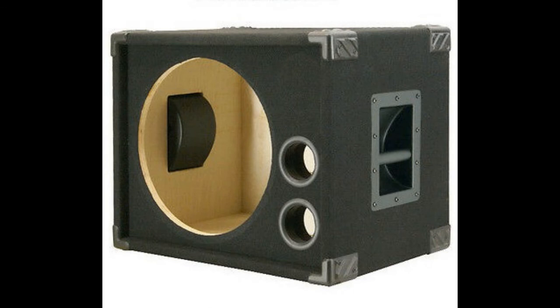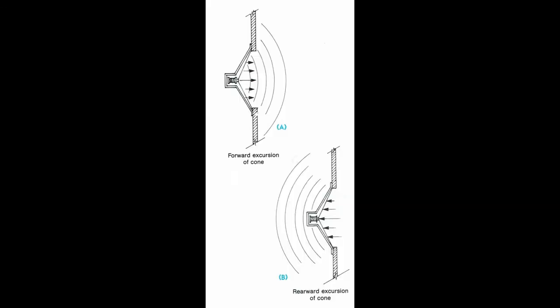Speaker cabinets are mostly low frequency speaker cabinets designed to enhance the reproduction of those low frequency sounds, as I just discussed, because those low frequency sounds require a lot more power to produce than mid or high frequency. When the cone of a woofer moves forward, it starts to compress air, which then produces the sound waves as shown here.